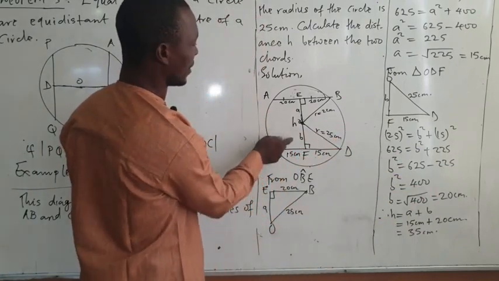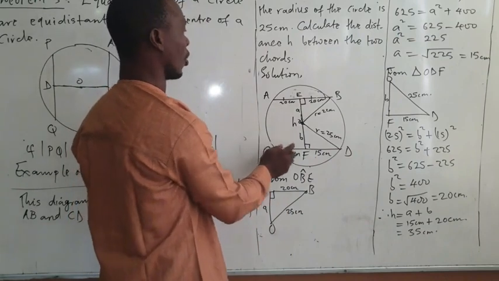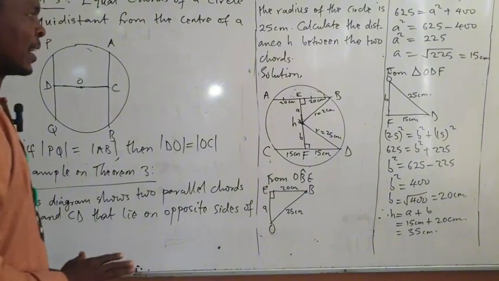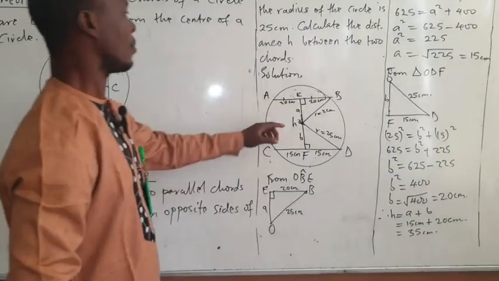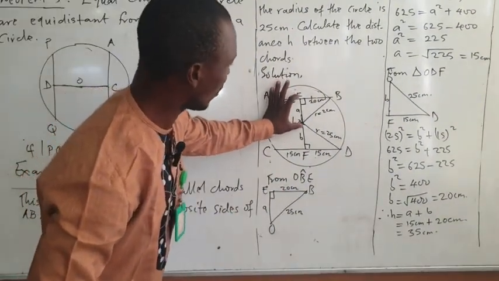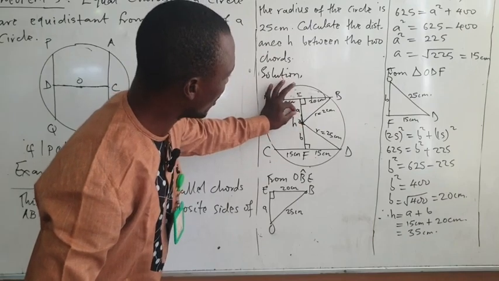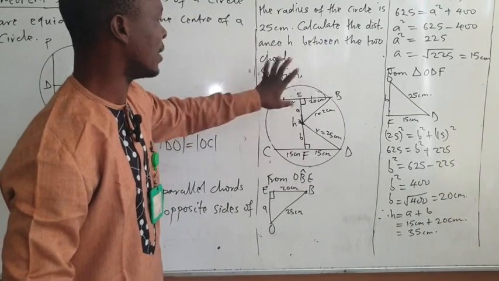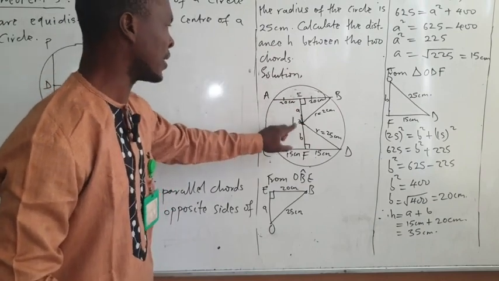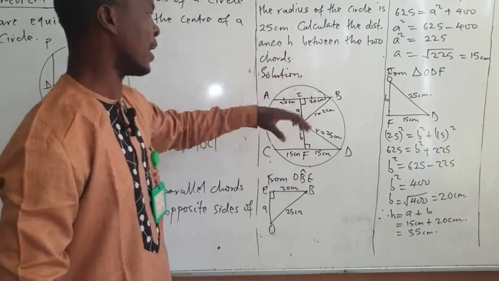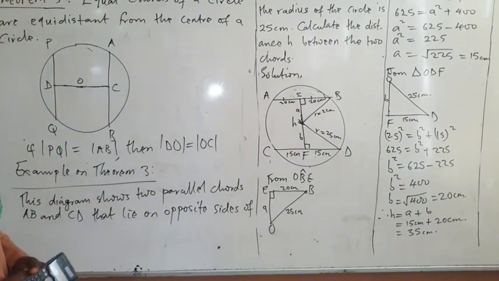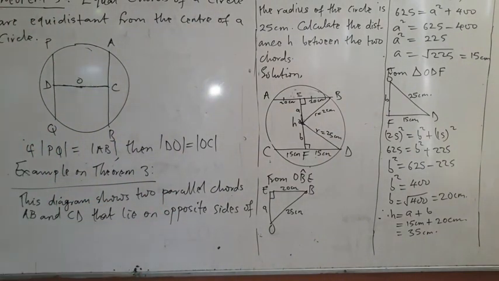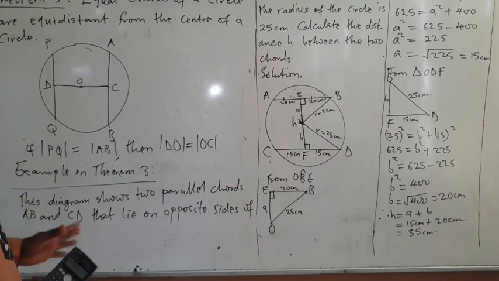The reason we have different small a and small b is that the two chords given are not of the same length. If they were of the same length, we would get equal distance from the center, that is small a would equal small b. But since we have different chord lengths, we have different distances of the two chords from the center of the circle. So that is that on theorem number 3. Thank you.